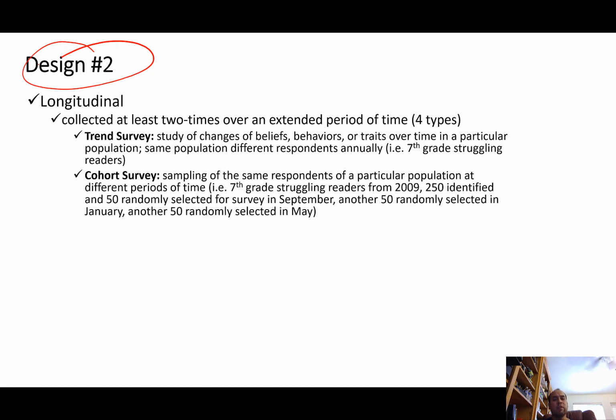You have cohort surveys. These are surveys where you survey a particular population at different random points in time. The example here, again sticking with the 7th grade struggling readers: you know that there are 250 in your school. You're going to sample 50 of them in September, 50 of them again in January, and 50 in May.